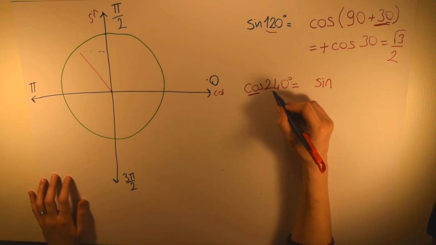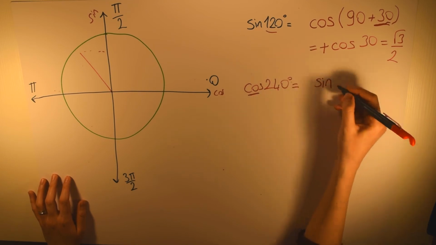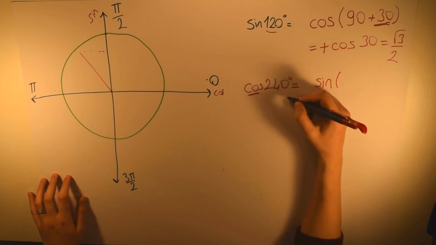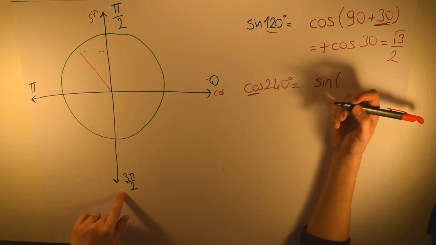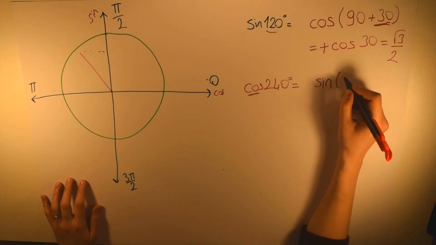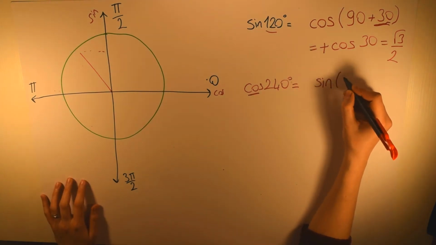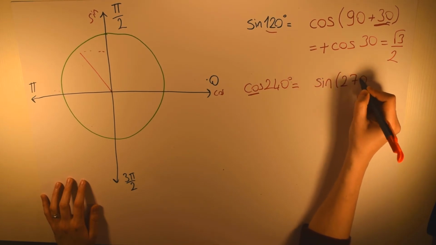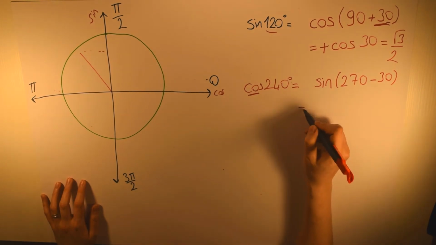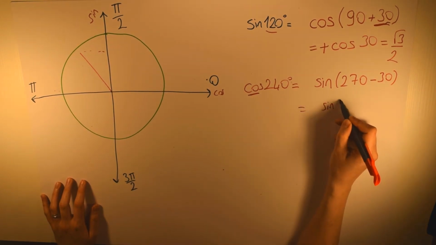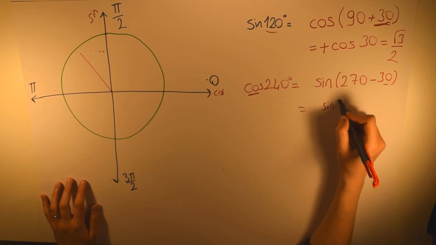And instead of 240, is it close to 90 degrees or 270 degrees? It's close to 270 degrees, right? So I can write this as sine of 270 minus 30, right? We need this part, 30.